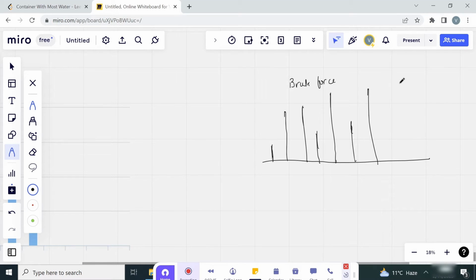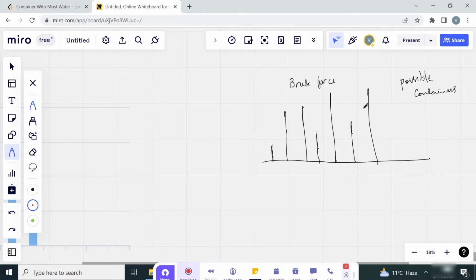We can first see all the possible containers. This can be one of the containers, this can be one, this can be one, and this can be one.